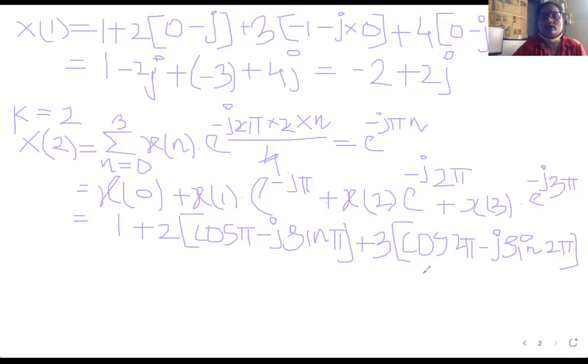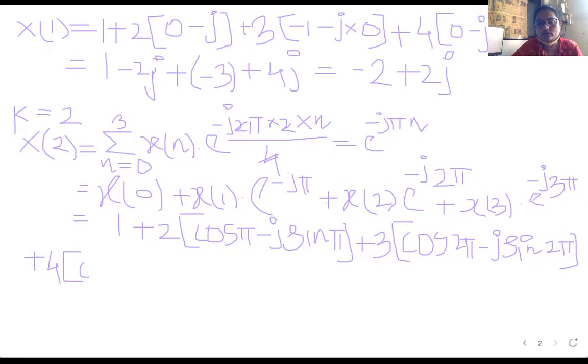So here this is how we will write, plus value of x of 3. What is the value of x of 3? x of 3 is equal to 4. So I'm going to write here 4 into the bracket. I have to expand this complex term, e raised to minus j 3 pi. So this is going to be expanded in terms of cos and sin. We'll be expanding this.